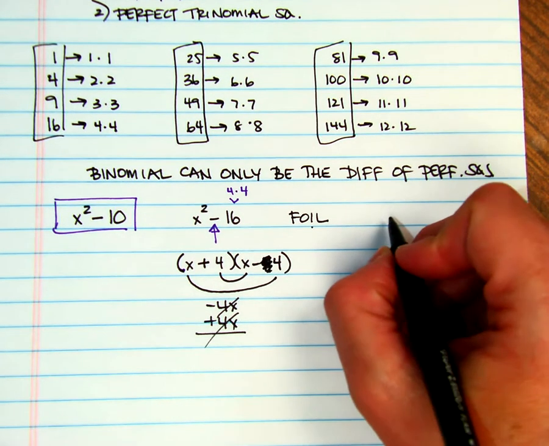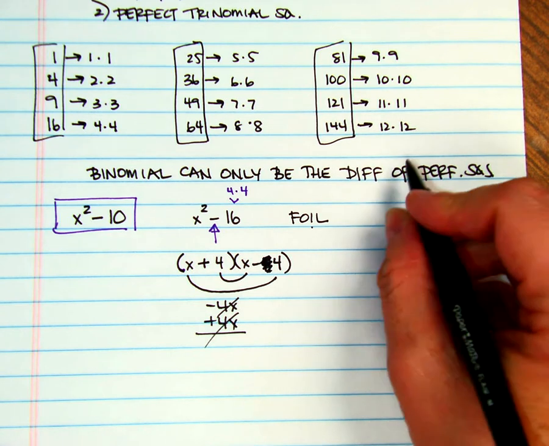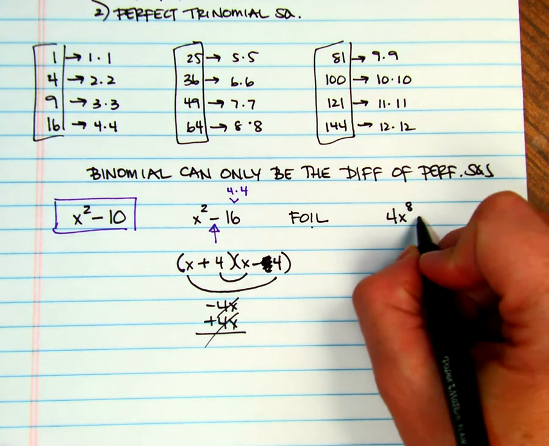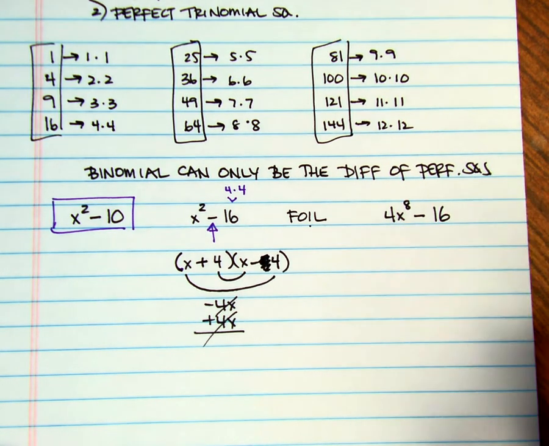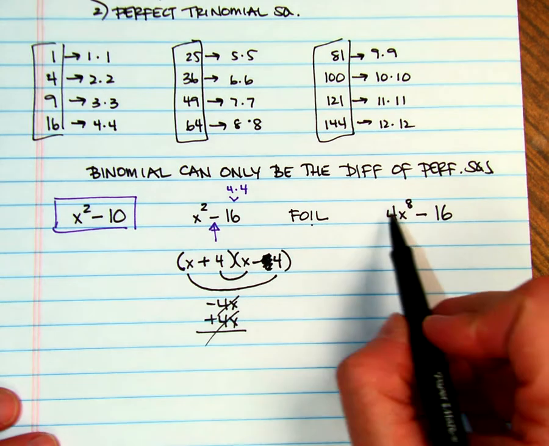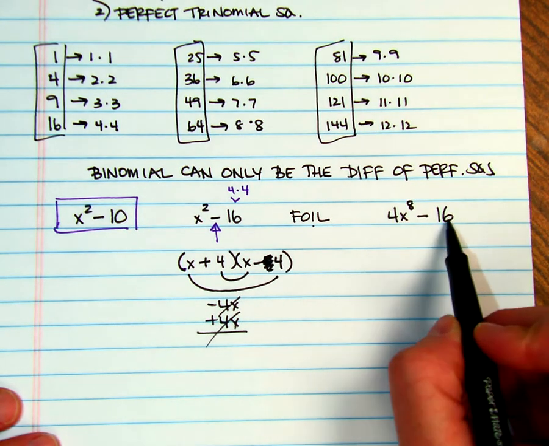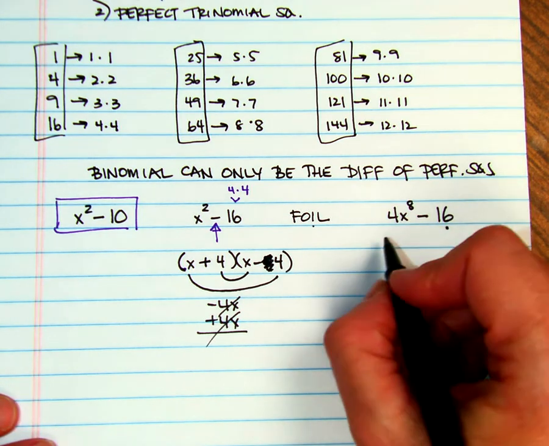Okay, so let's do 4x to the 8th minus 16. This one's kind of a trick because 4 is the greatest common factor, and it's also a perfect square. So you should get in the habit of taking out your GCFs first.